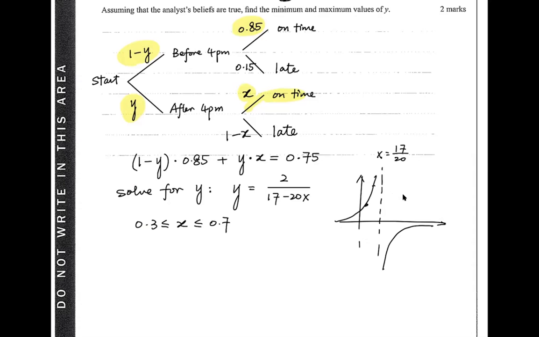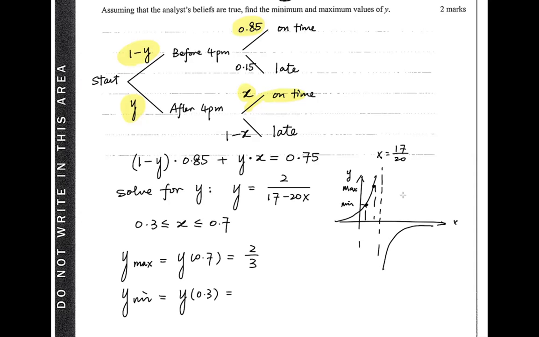And 0.3, 0.7. Y, X. Minimum is here, maximum is here. Therefore, our Y maximum is Y at 0.7, which is 2/3, if I'm not mistaken. And Y minimum is Y at 0.3, which is 2/11. Therefore, Y goes from 2/11 to 2/3.